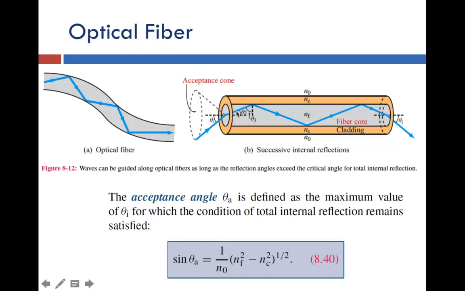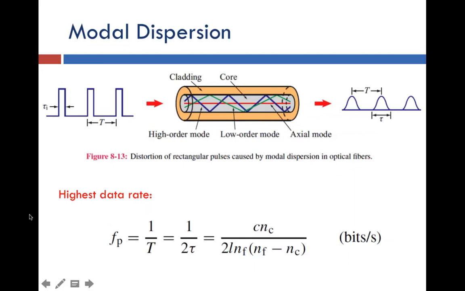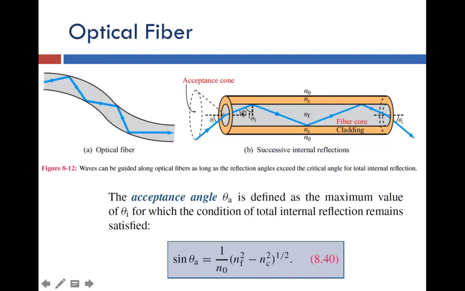And then based on theta 2 and theta 3 and their relationship, theta 3 has to be the critical angle here for total internal reflection. So that then puts a relationship between the incident angle and what it can be in order for total internal reflection to occur, which is necessary for propagation of the light down the fiber core.